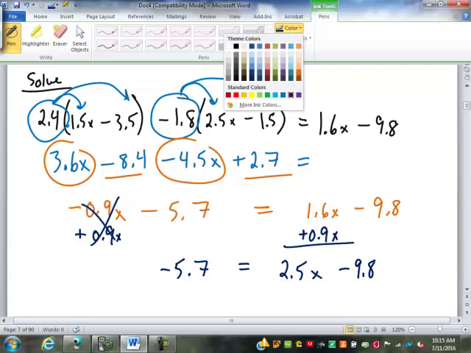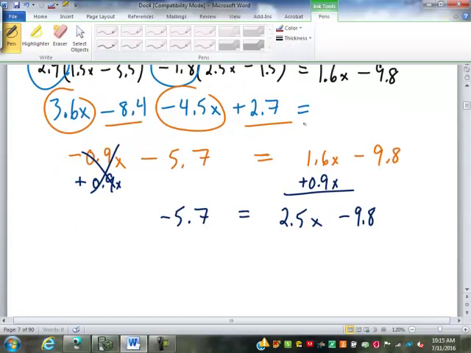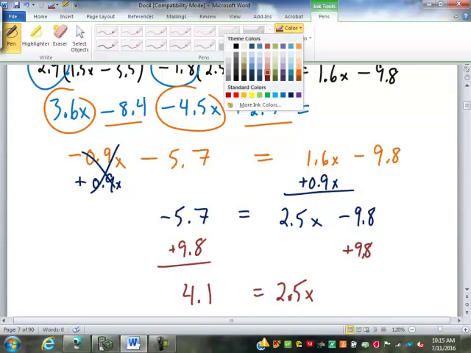Then what? We're going to add 9.8. So we have just 2.5x on the right side. On the left side, negative 5.7 plus 9.8 is 4.1. Is that correct?